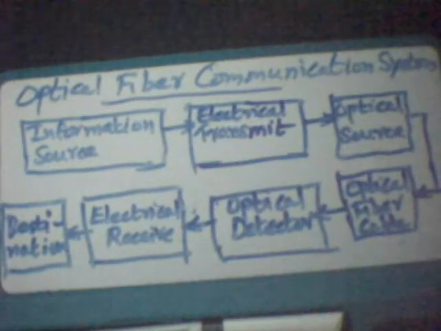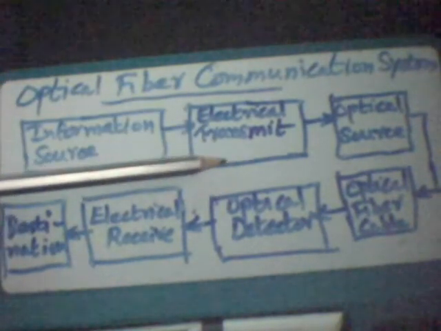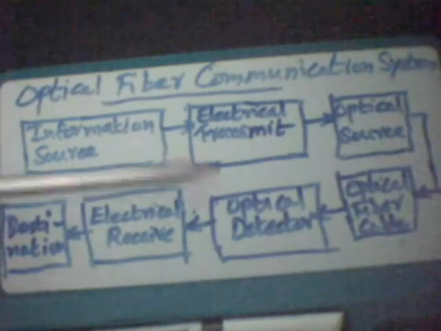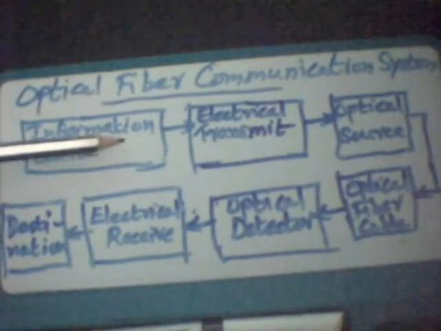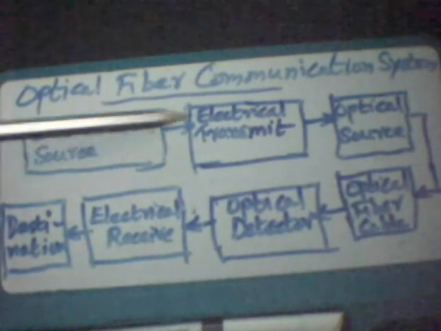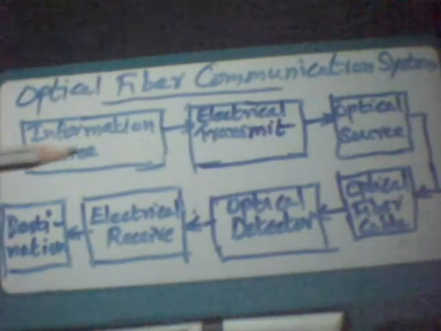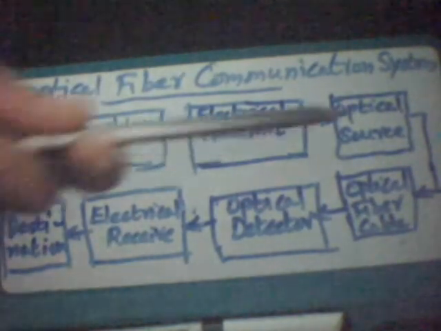Optical fiber communication system can be explained with the help of a block diagram. Here we have the information source. The information source provides an electrical signal to the transmitter comprising an electrical stage. Here information, which can be audio or video, is converted to an electrical signal, which then drives an optical source.